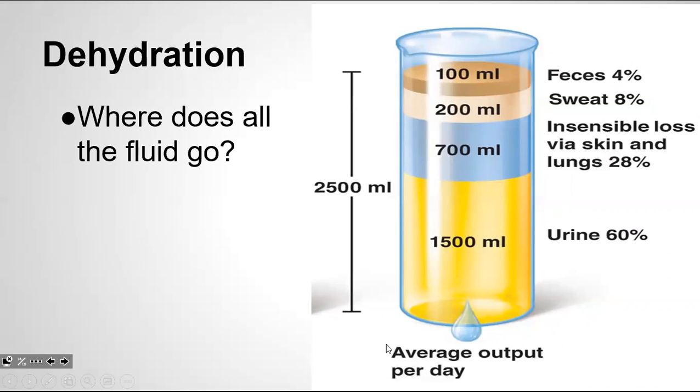All right, and here's where all our fluids actually go. Urine output is obviously the most that we have. An average adult bladder can hold around 400 to 500 cc's of fluid. A cc is a cubic centimeter, that's equal to a milliliter.